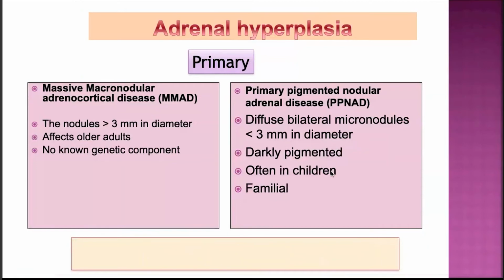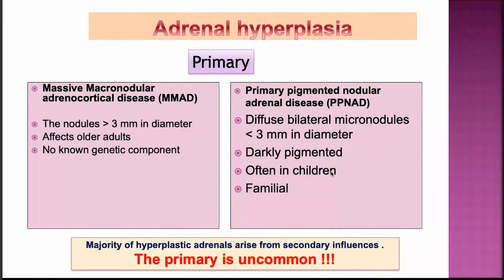Adrenal hyperplasia, you need to know this one, but it is uncommon. Secondary adrenal hyperplasia is common because of ACTH stimulation. But for the primary adrenal hyperplasia, it's very uncommon.